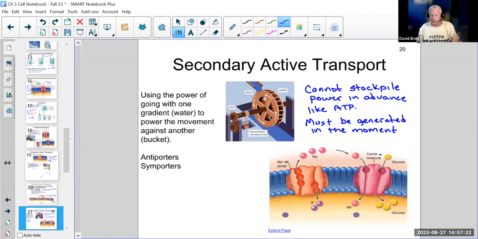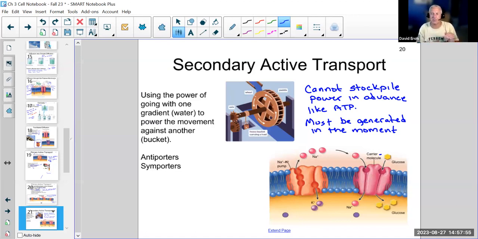If you're using a water wheel to lift a bucket or lift a box, what you want is lifting boxes. What you've got is flowing water. Flowing water is a form of energy, and you could capture it and then use the power you get from the water to turn a wheel and lift a bucket. The thing is that this only will work if the thing that is there for free is there at the time you need it.